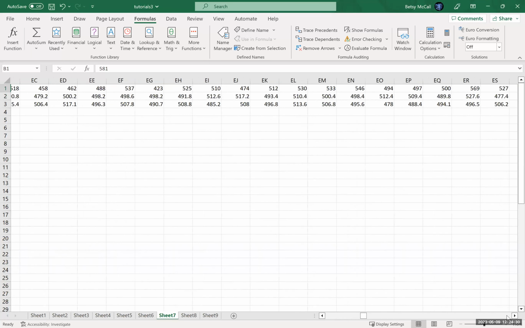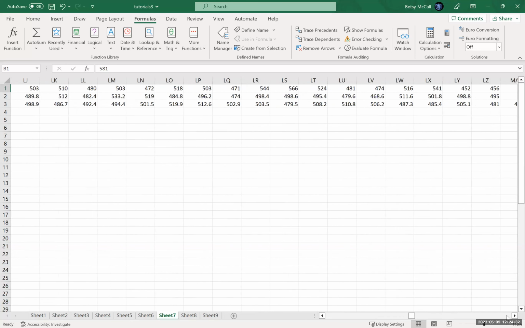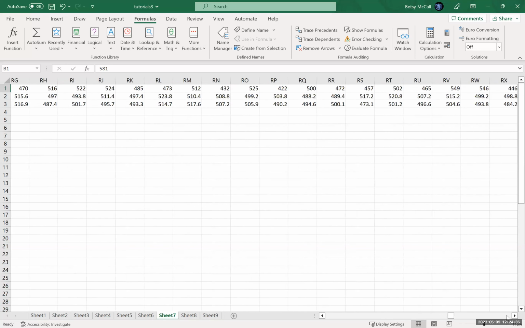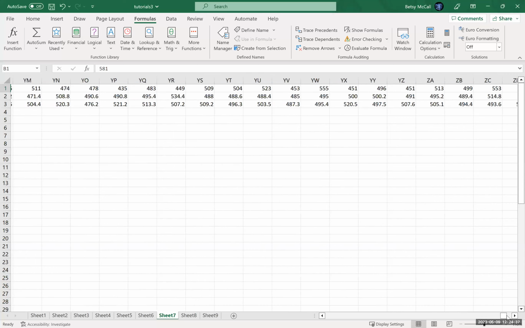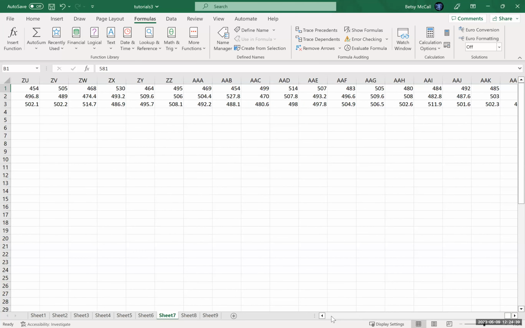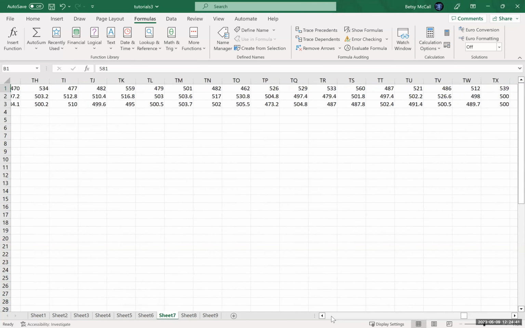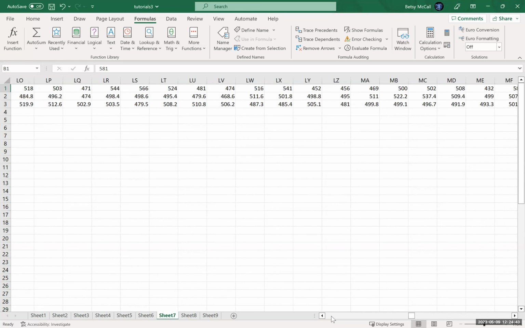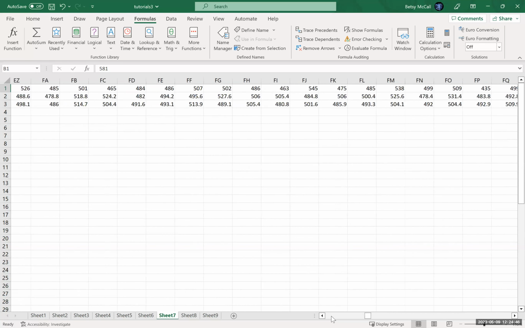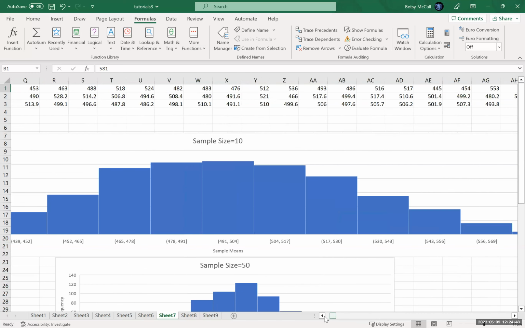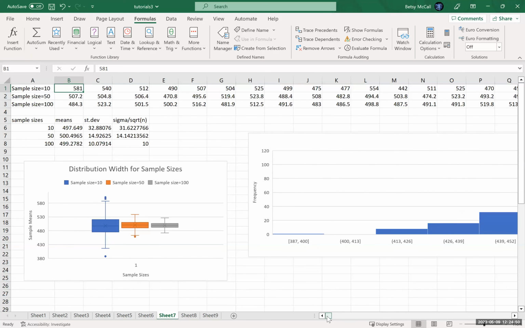So we go all the way down, lots and lots of them, so that we have lots of simulated calculations of our sample means. And so I recorded them and then pasted them as numbers again, so they wouldn't keep updating. So I have a fixed sample to work from. And I did that for each of my individual samples.